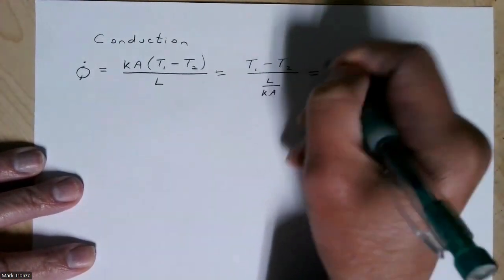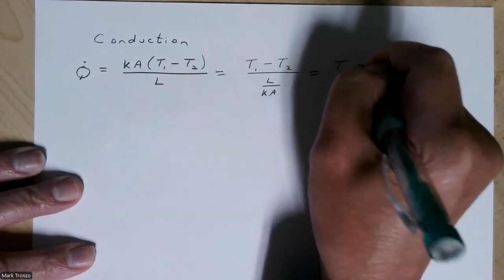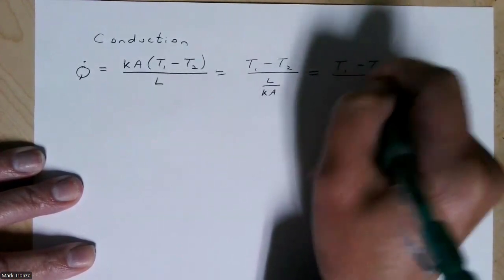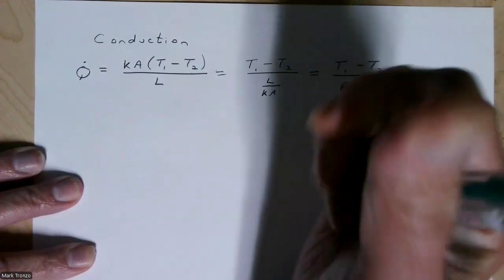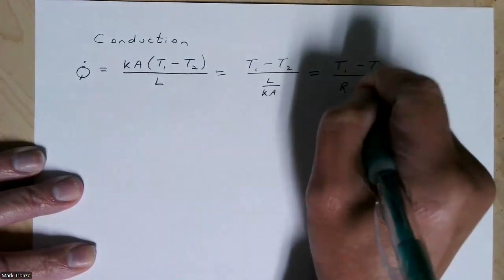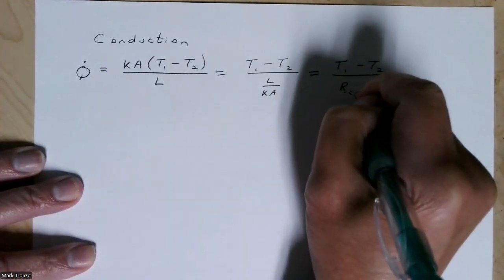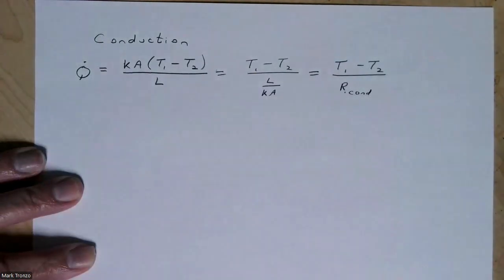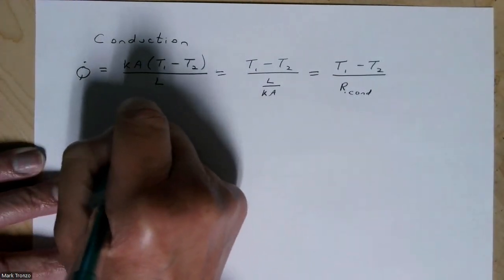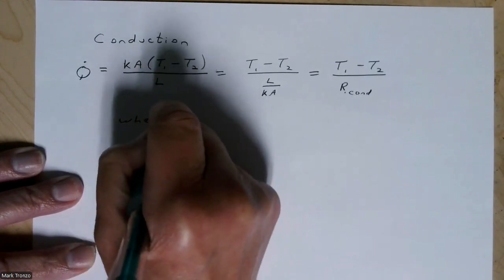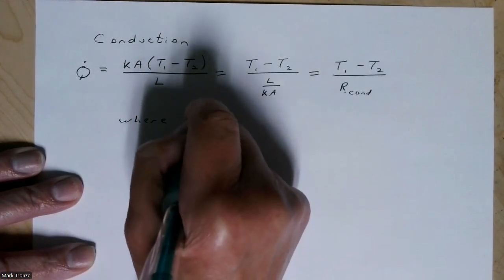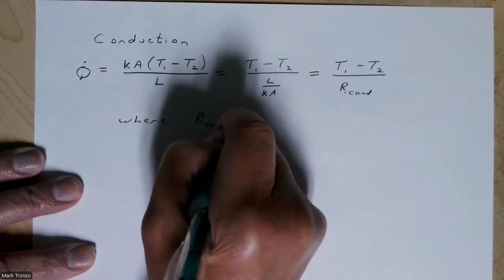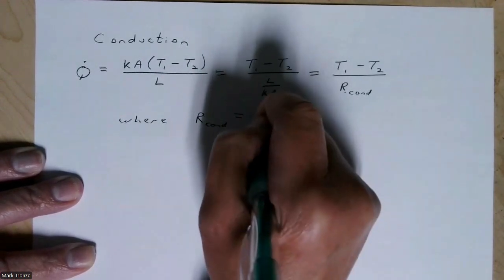So we would call that maybe R, let's say in the case of conduction, you can call it R cond maybe, like this, where this is going to be that denominator.